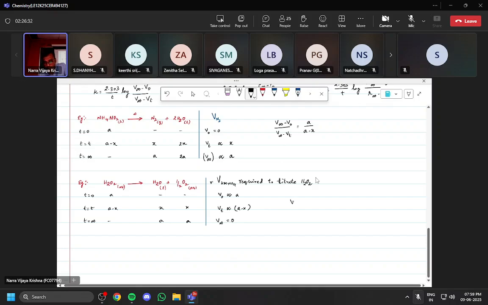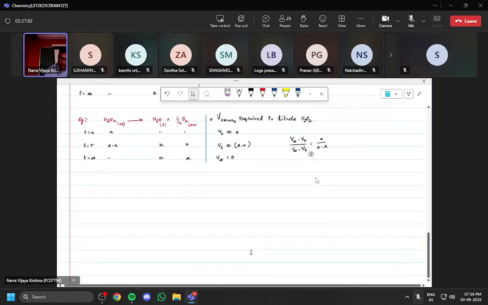Now again, V infinite minus V naught is minus A, V infinite minus Vt is minus of A minus X. What is it? A upon A minus X. Again, can I substitute here? Respond, sir. In any format, can you do it or not?